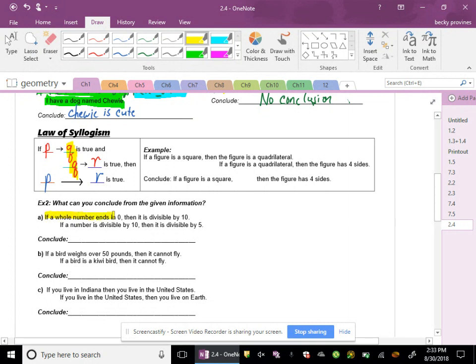So you're going to start out by saying the P, which is if a whole number ends in 0, and then you're going to end with, then is divisible by 10, and that is your Q. Now, we should start the very next sentence with the same information if it's following the law. And if you notice, the 2 green sections are talking about the exact same thing.